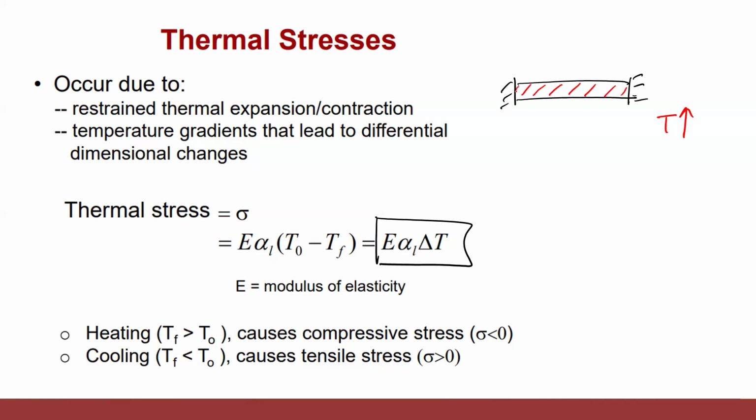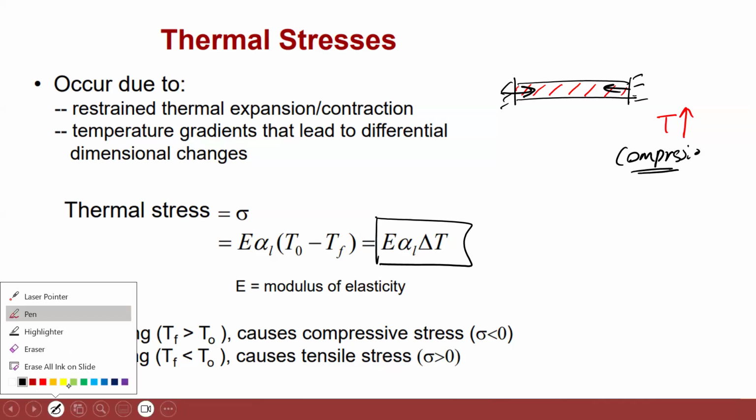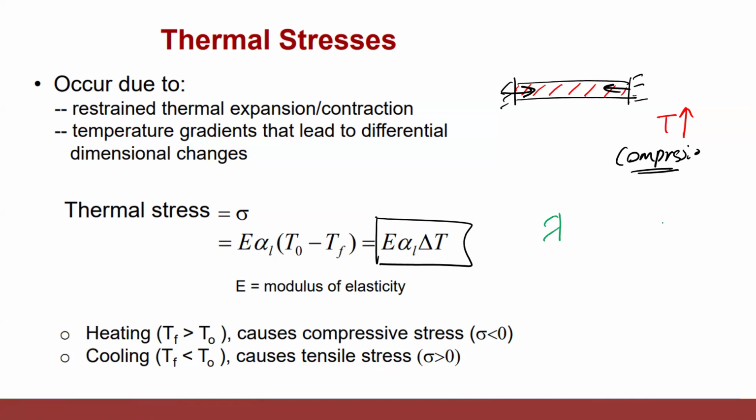But you have two fixed supports at the two ends. The material is trying to expand, but the supports are not letting it expand. So the supports are pushing, and there are compressive forces. Do you agree with me? So the material undergoes compression.